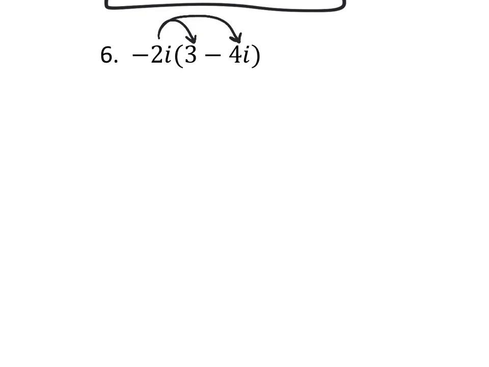Negative 2i times 3 is negative 6i. Negative 2i times 4i equals negative 8i squared, positive 8i squared. Negative times negative is positive. But then we have this fact about i squared. What can I replace i squared with? Negative 1.